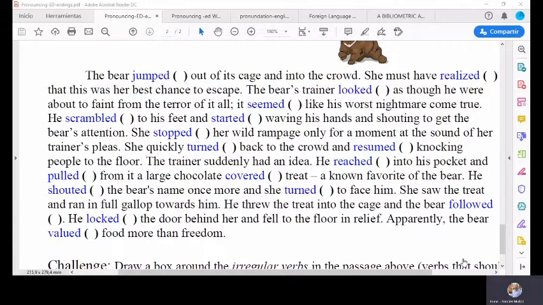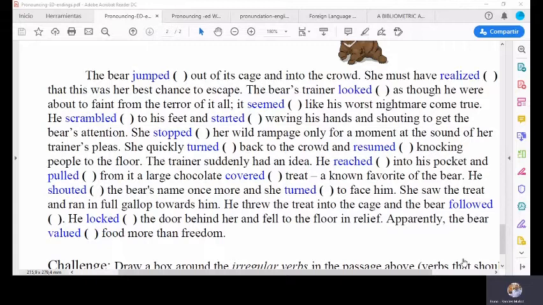She quickly turned back to the crowd and resumed knocking people to the floor. The trainer suddenly had an idea.